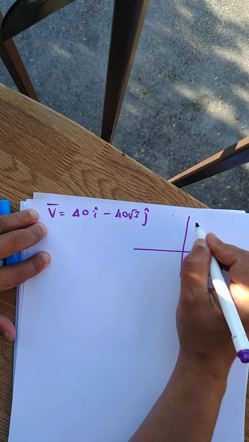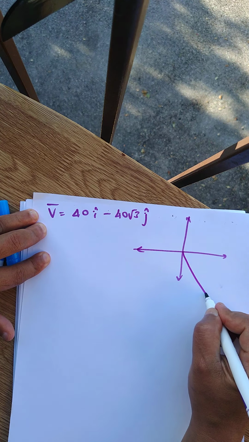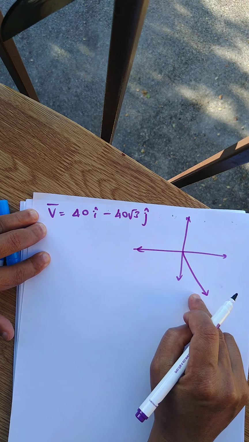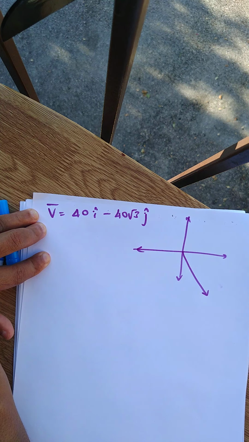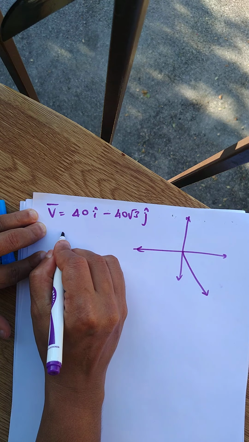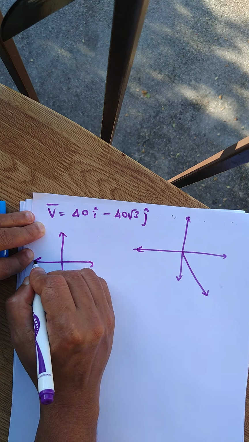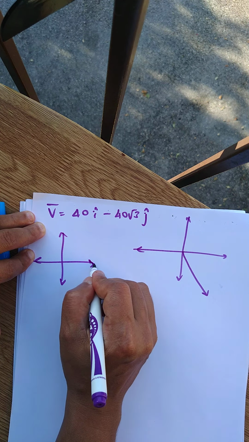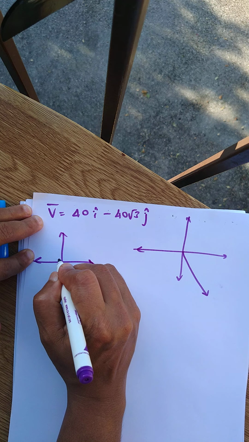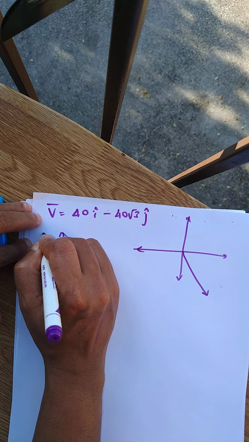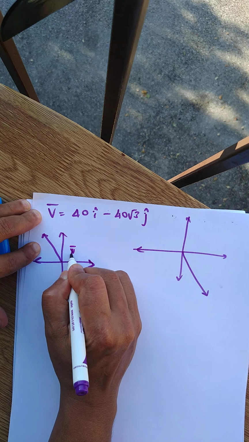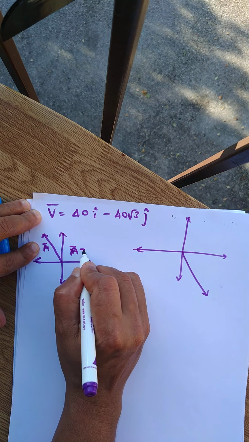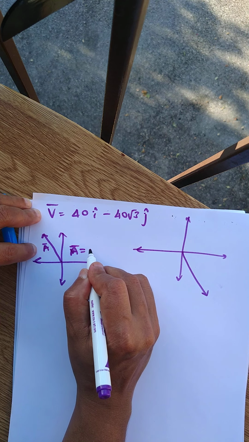See, where exactly is the vector? The vector is in the fourth quadrant. In the fourth quadrant, you have positive x, negative y. Positive x, negative y. Perfect. So in any other problem or scenario, if you have a vector somewhere here, suppose A is a vector, what would you expect your vector to be?